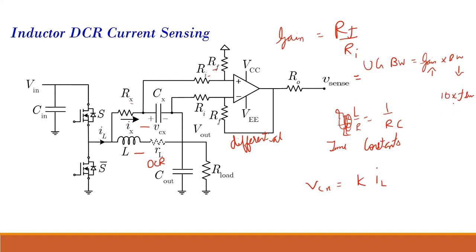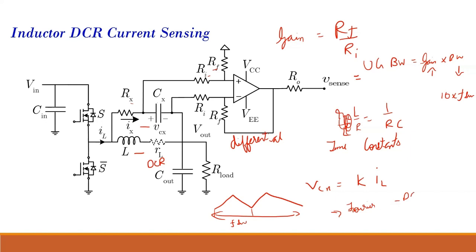Why we say that is, suppose this is my inductor current, at a frequency FSW. FSW is the frequency of this inductor current. But it is not just this component. If you take the Fourier series, there will be other components.